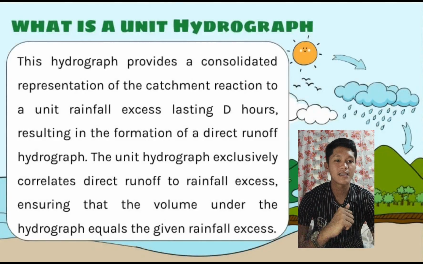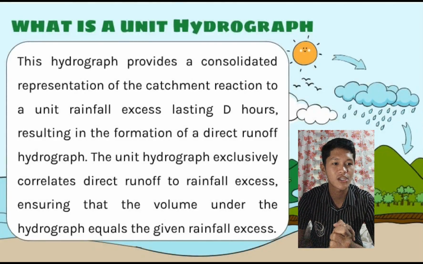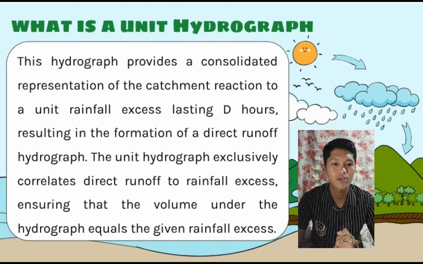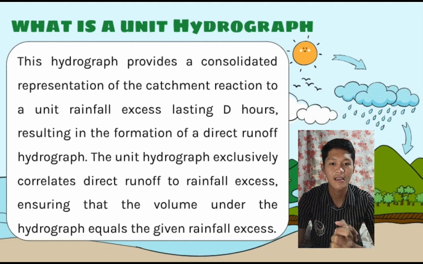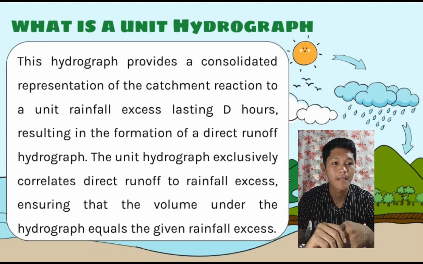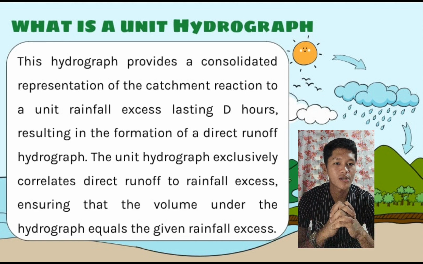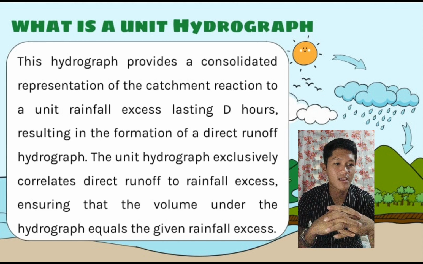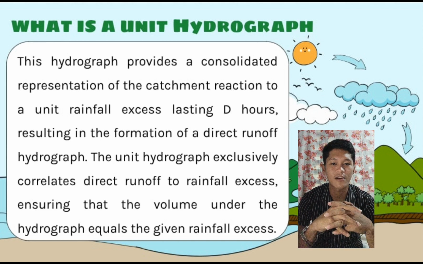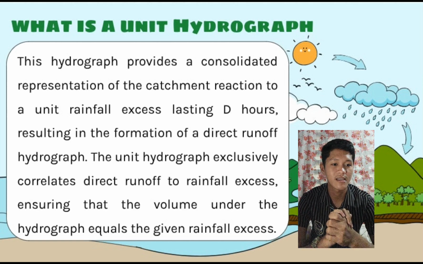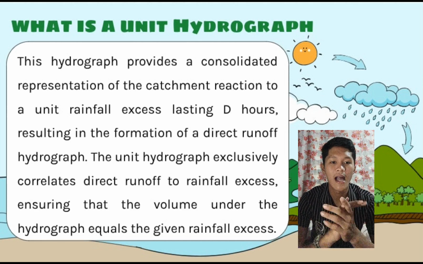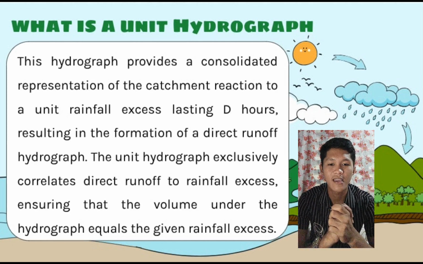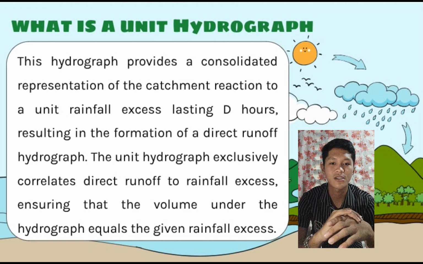This hydrograph provides a consolidated representation of the catchment reaction to a unit rainfall excess lasting the given duration, resulting in the formation of a direct runoff hydrograph. The unit hydrograph exclusively correlates direct runoff to rainfall excess, ensuring that the volume under the hydrograph equals the given rainfall excess. So now I have an example of a graphical representation.